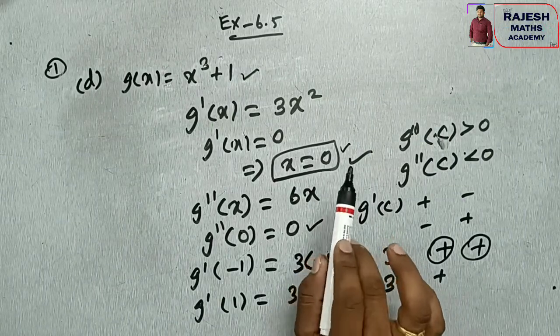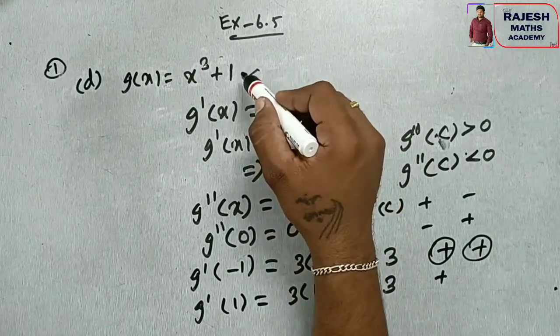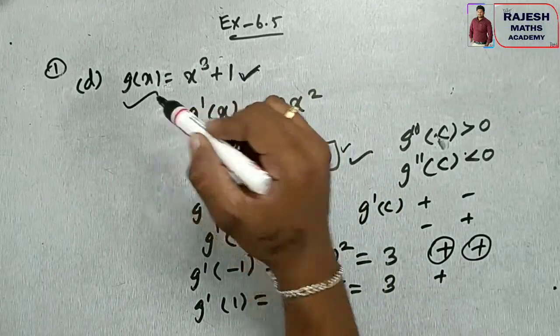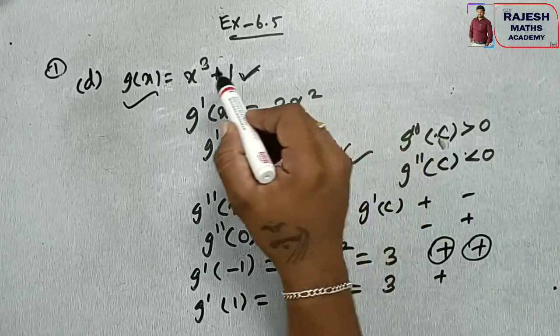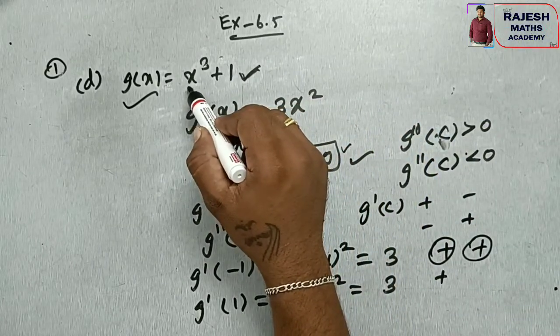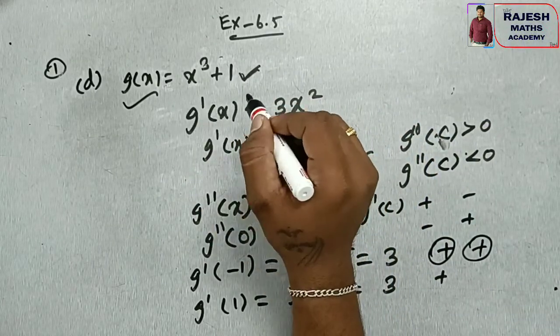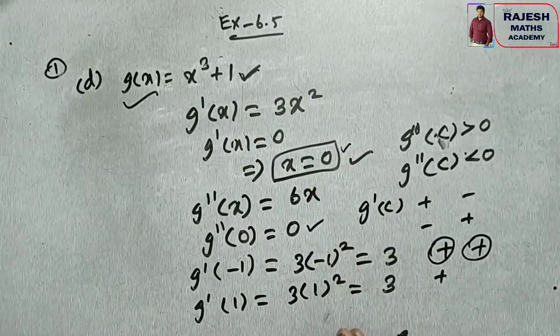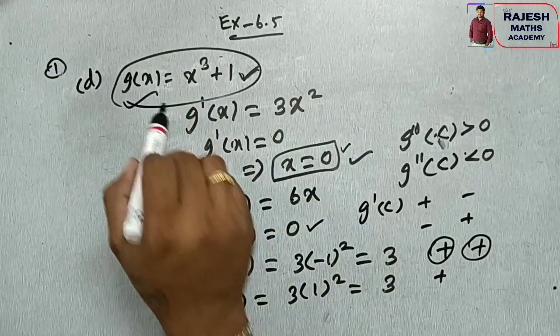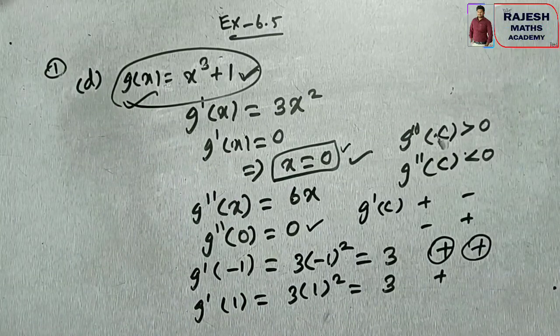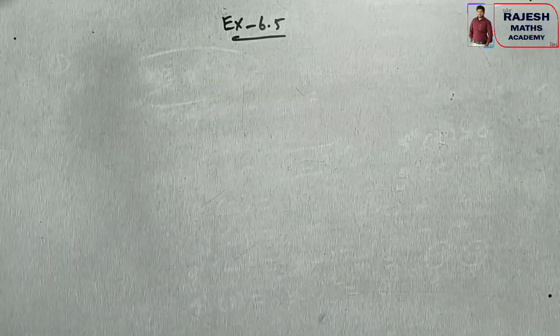As x takes larger and larger values, g of x becomes larger; similarly, for smaller values of x, g of x becomes smaller. So we can say that there is no maximum and no minimum for the given function g of x equal to x cube plus 1. Now come to question number 2.